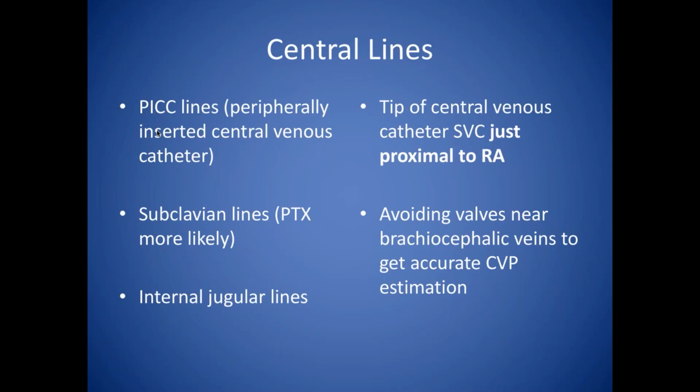And then there's the internal jugular line. Now, whatever method is used, the tip of the central venous catheter should be in the SVC, just proximal to the right atrium. You should avoid parking the catheter more proximally to avoid the valves near the brachiocephalic veins, so that you can get an accurate CVP estimation.